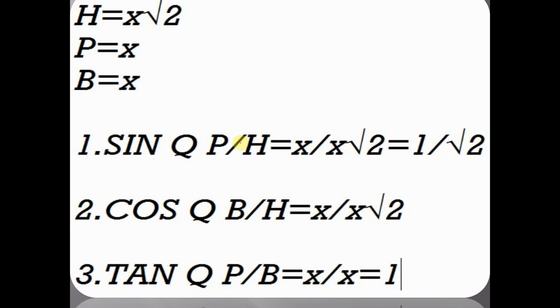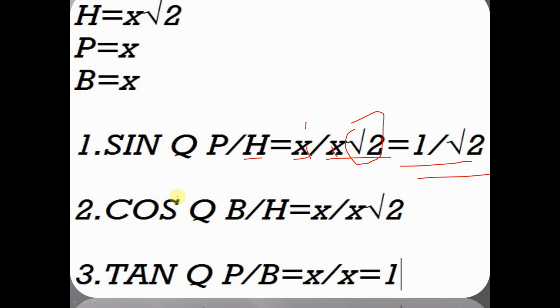So the value of p is x. The value of h is x square root 2. Then x cancels, so here remaining 1 and here remaining root 2. So 1 by root 2 is your value of sin theta for 45 degree.